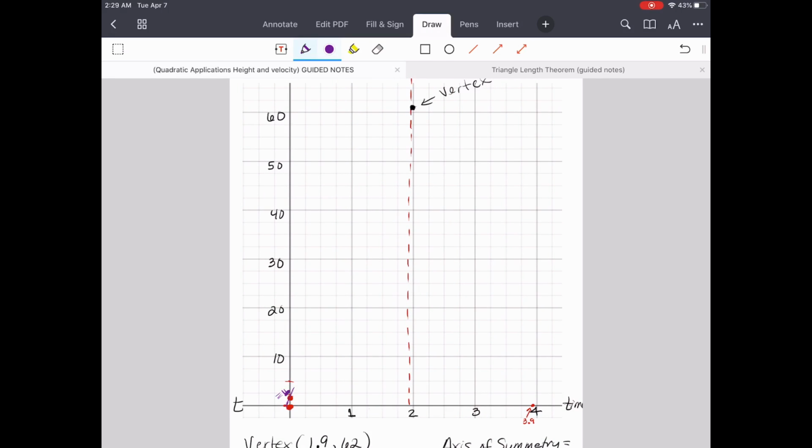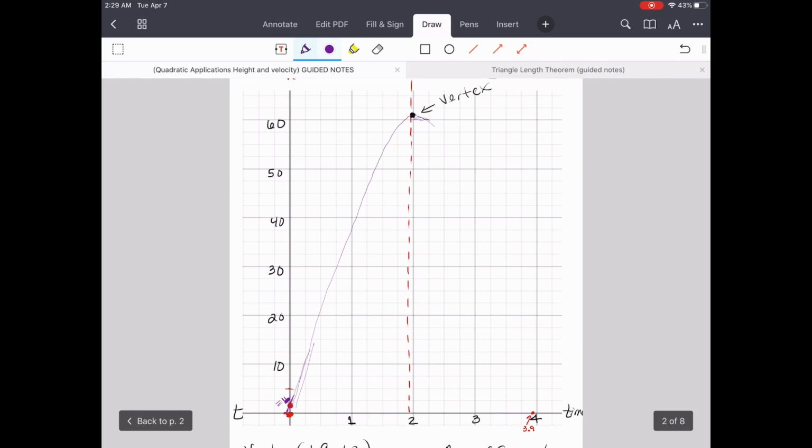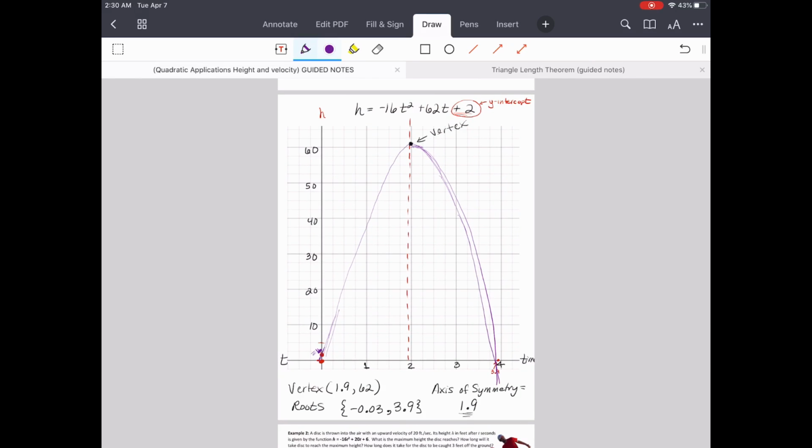I'm probably not going to draw this great, but let's see. Okay, so we're through with all the hard stuff here, which was graphing it.